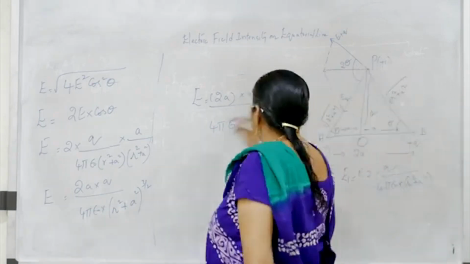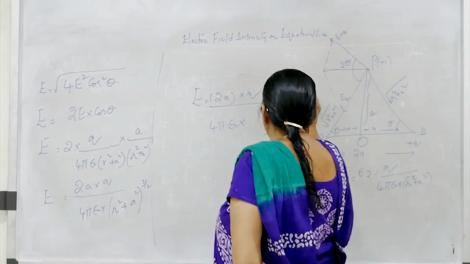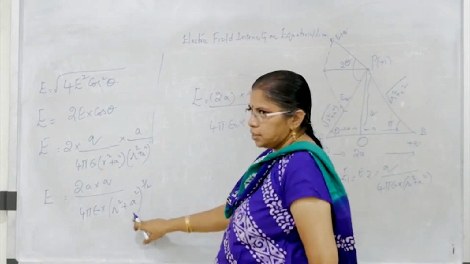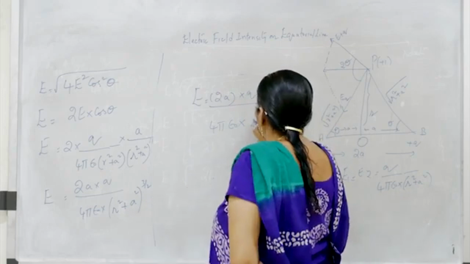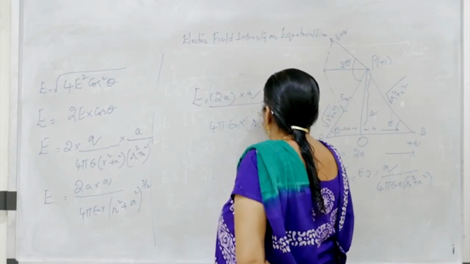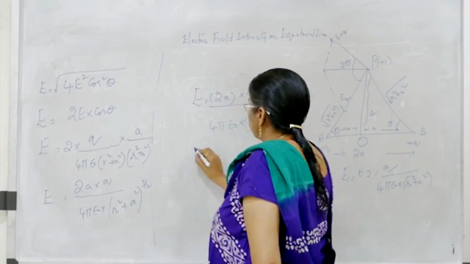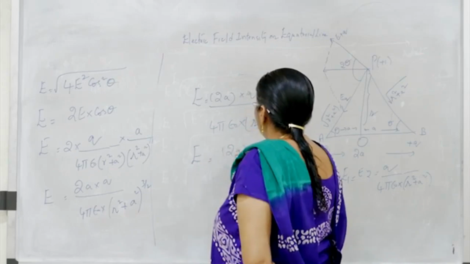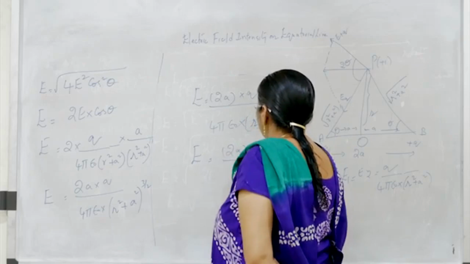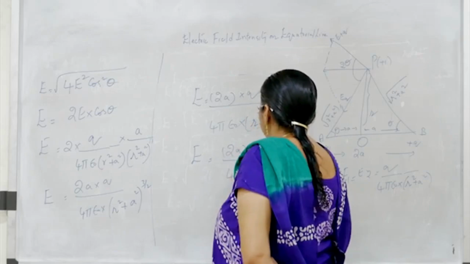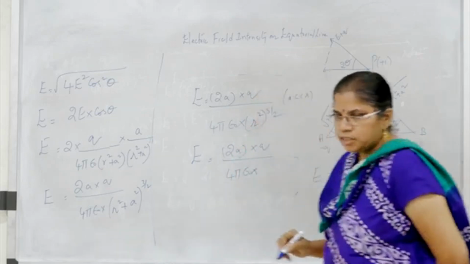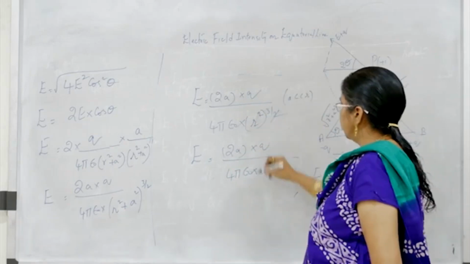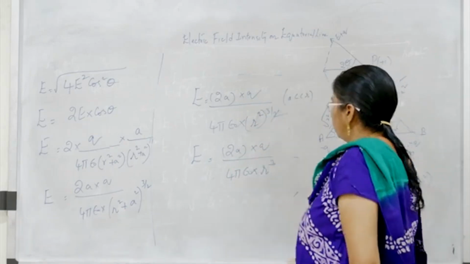Since a is much less than r, this becomes r square whole power 3 by 2, which is r cube.